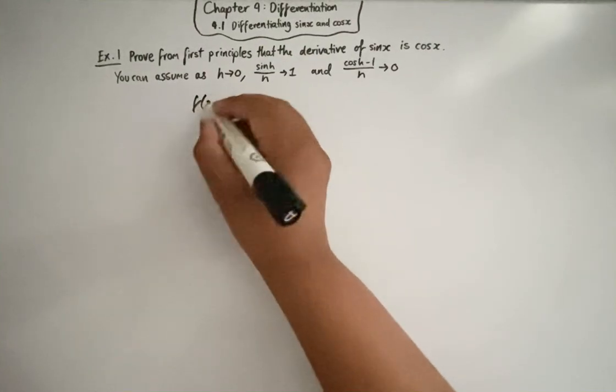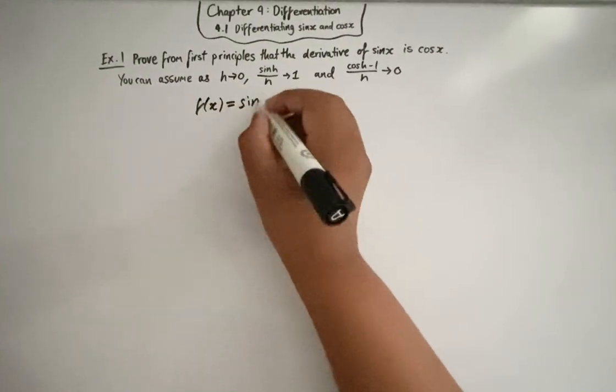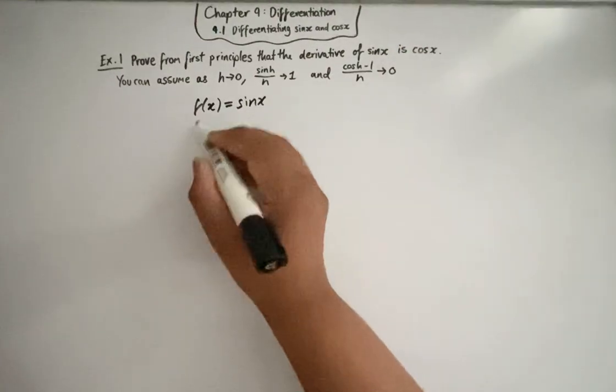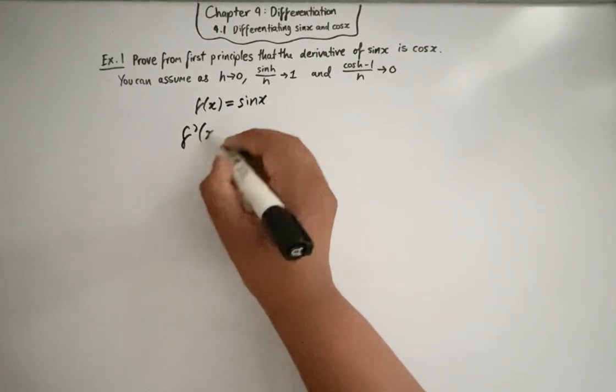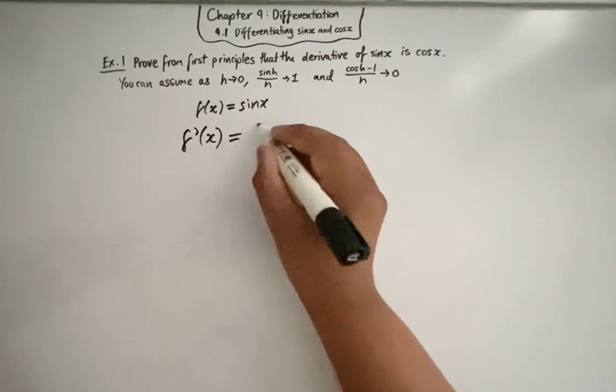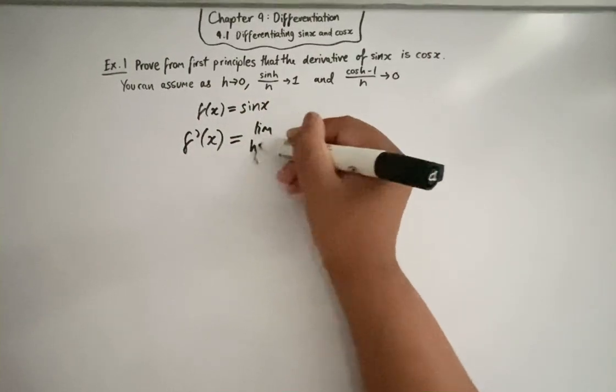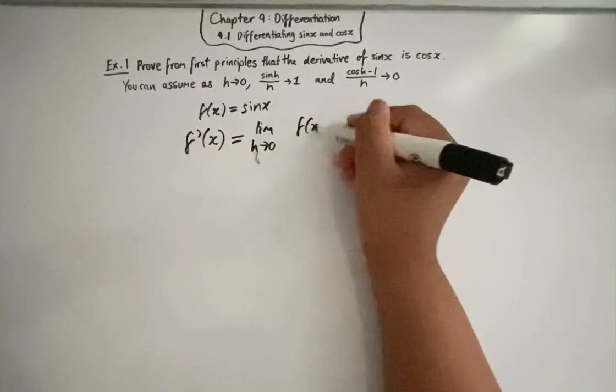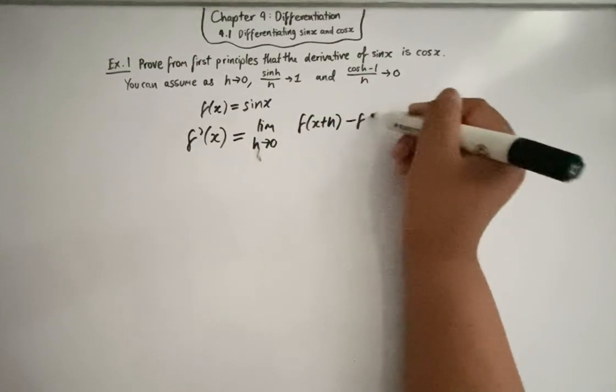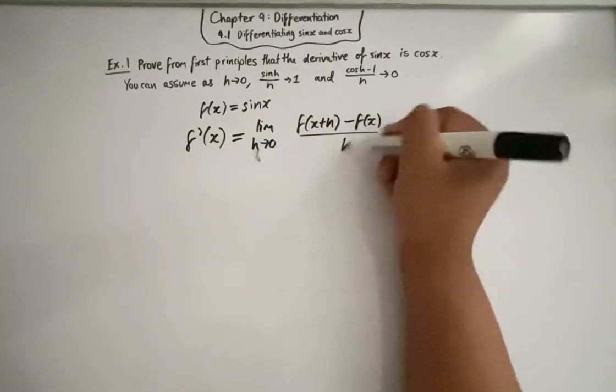If we let f of x equal sin x, which we're trying to differentiate, then the derivative of f of x is equal to the limit, as h tends to 0, of f of x plus h minus f of x over h.